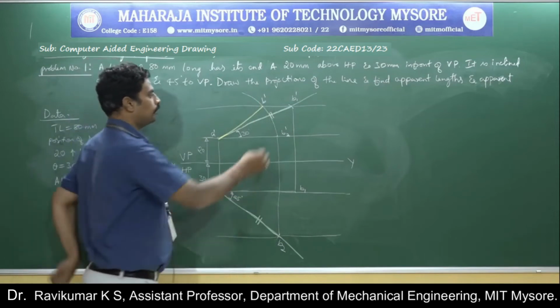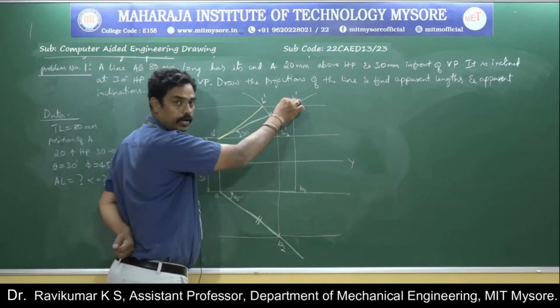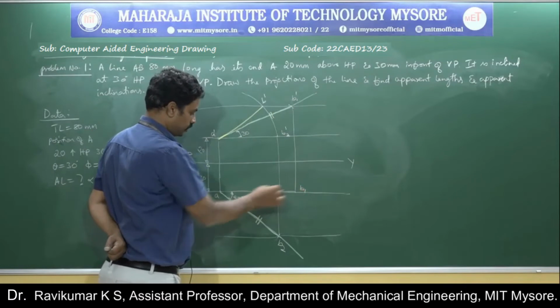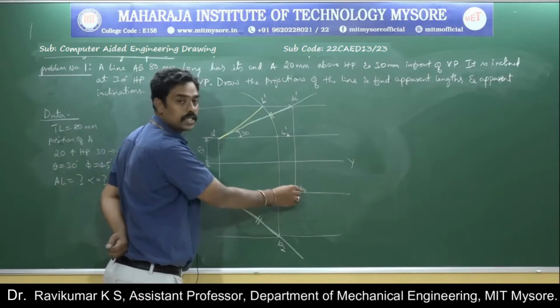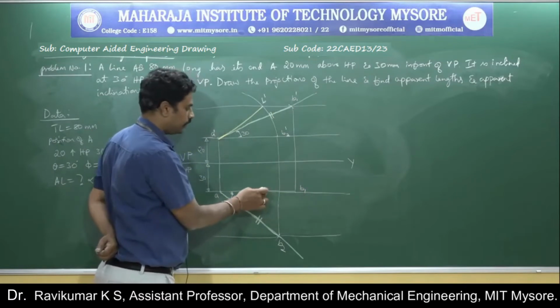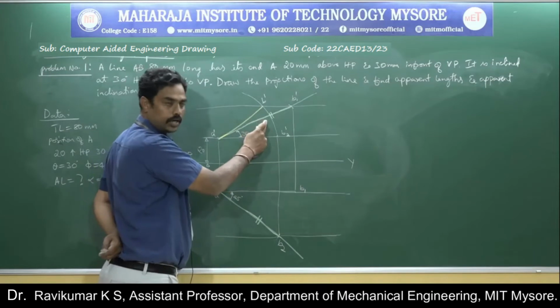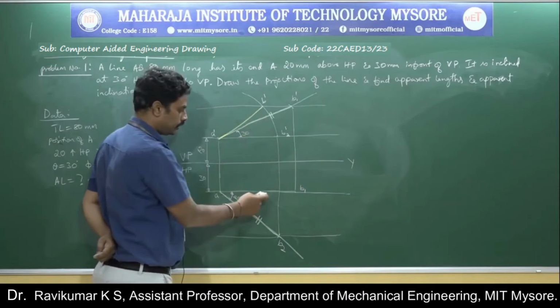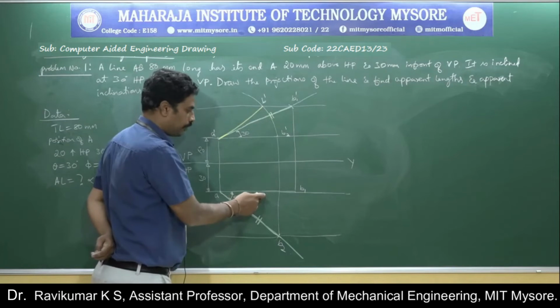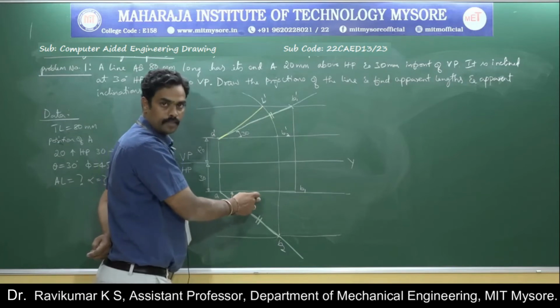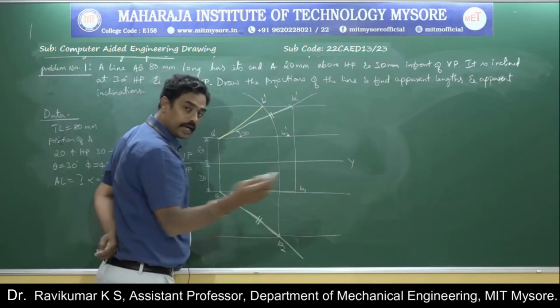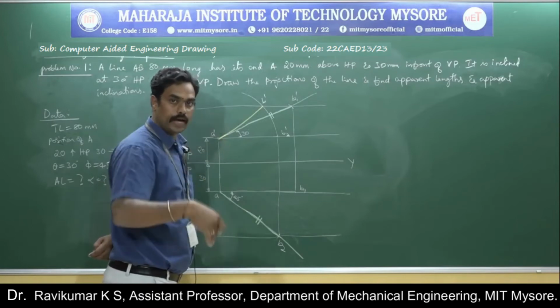Similarly, you have dropped a perpendicular from B1 dash to B1. So here A B1 is appearing parallel in this view, therefore you will get the true length, or since this is the true length, this will be apparent. Apparent means it is inclined. Now I need to take out the inclination to measure the apparent length.